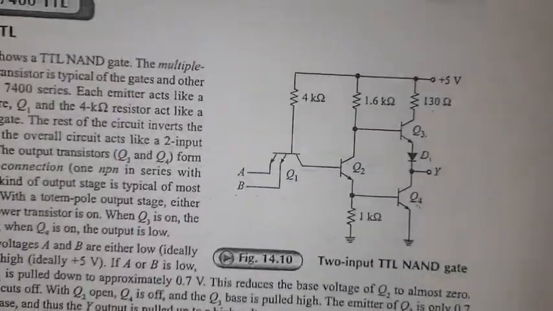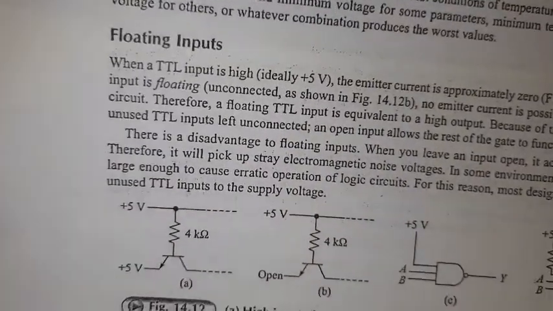Before continuing with the TTL NAND gate, we will discuss a few features of TTL devices: what the power consumption is, and what the different parameters associated with TTL devices are. One is the floating input.